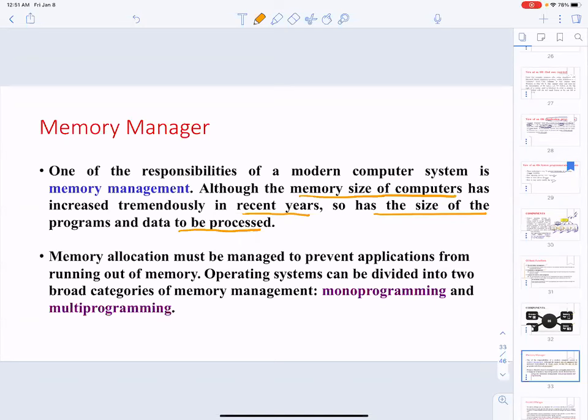With that being said, memory allocation should be managed to prevent any application from running out of memory.